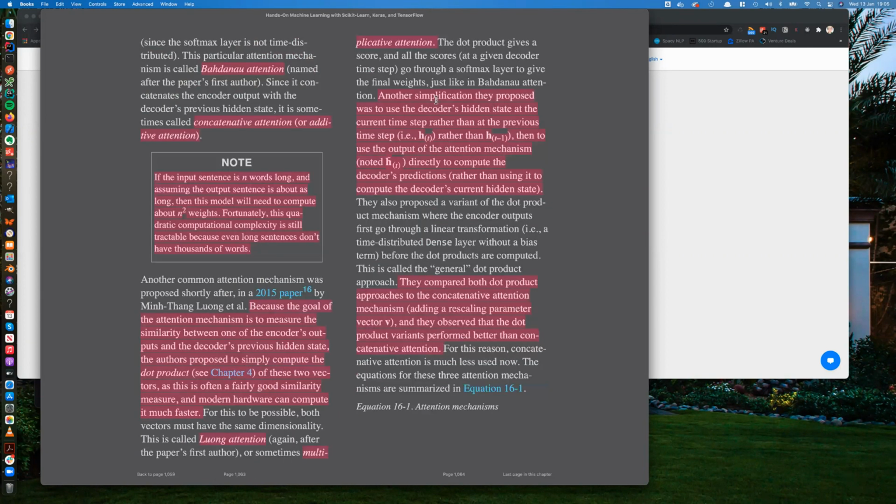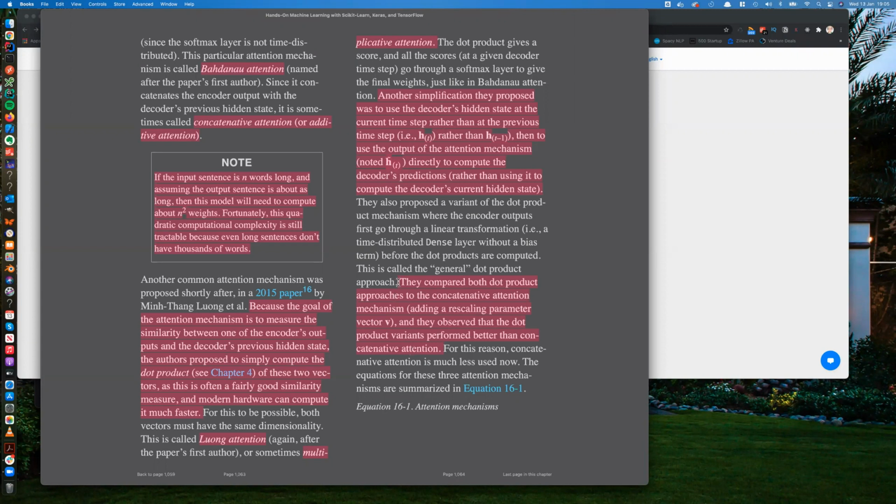And then this other chap, Minh-Thang Luong, suggested, because all we're really interested in is the similarity of the hidden state to what we should be focusing on, and the easiest way to compute similarity is dot product, so why don't we use dot product? This is called Luong attention, also called multiplicative attention. This is the modern approach to attention, this dot product.